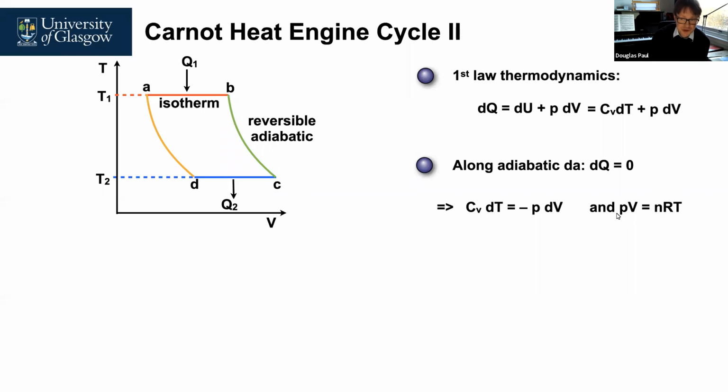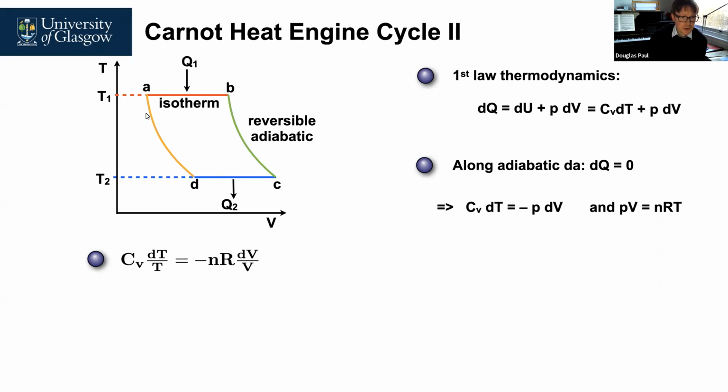We're going to do the same trick, where we use Boyle's law, PV equals nRT, and we want to exchange for P. So we're going to have nRT over the volume going in here. But what that also allows us to do is take the temperature from this side and move it underneath. So we end up with the specific heat capacity at constant volume, dT divided by T, equals minus nR dV by V. We want to integrate both sides.